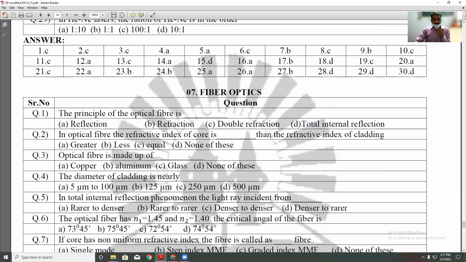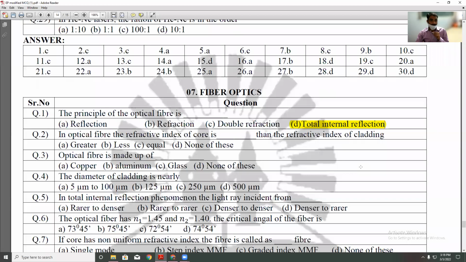Please read carefully what the MCQ is, then go to the options and you can select the correct option. The options are reflection, refraction, double refraction, and total internal reflection. Total internal reflection. The basic principle of the optical fiber is total internal reflection.